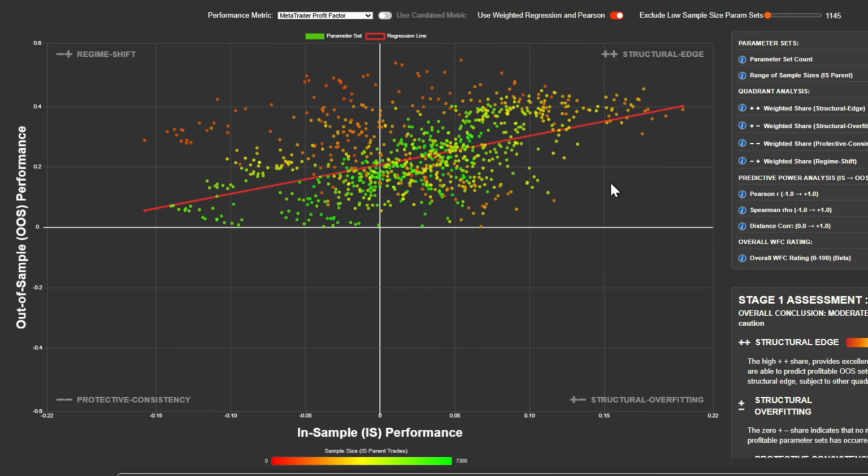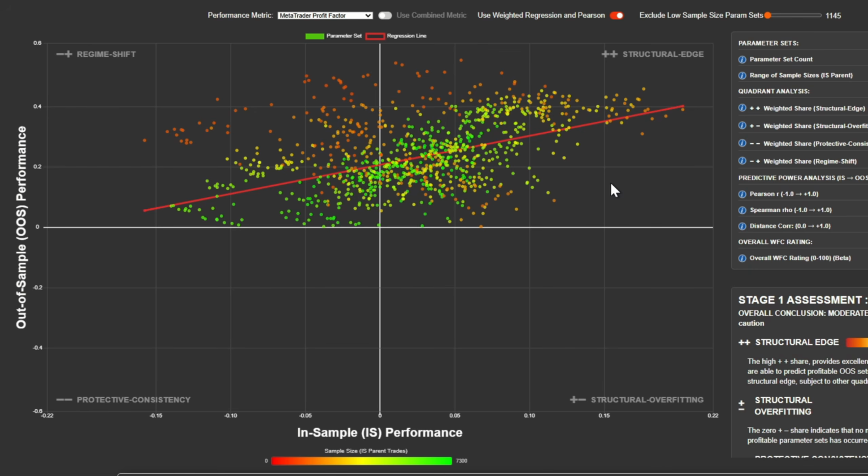Instead of asking the question, did this one parameter set work, walk-forward correlation asks, does this strategy behave consistently and predictably across the whole parameter space? If the answer is yes, you're looking at structural edge. If the answer is no, you're looking at instability, overfitting, or simply a strategy without reliable forward-looking behaviour.